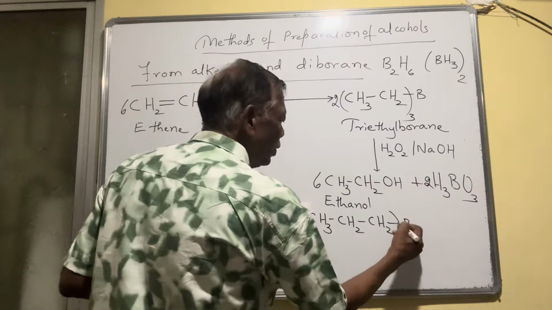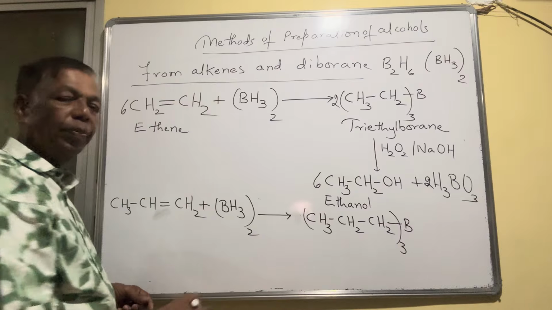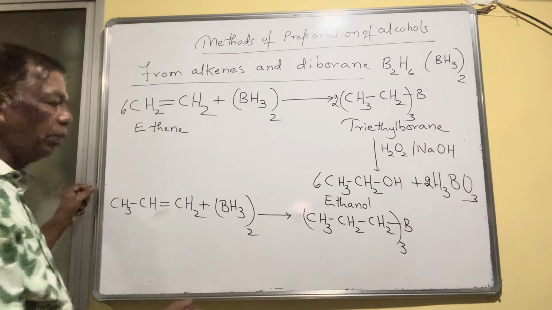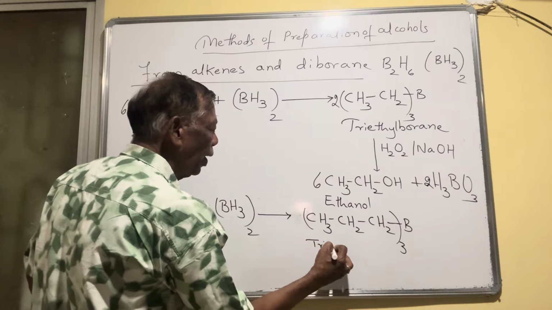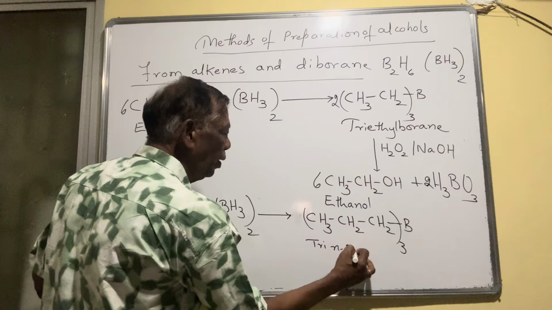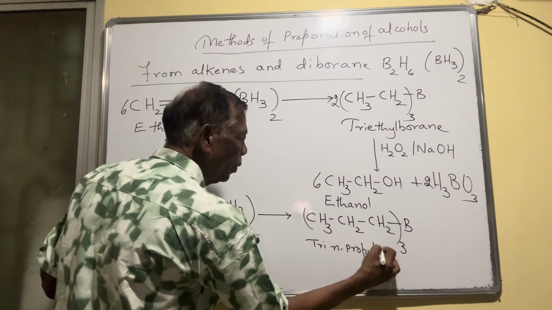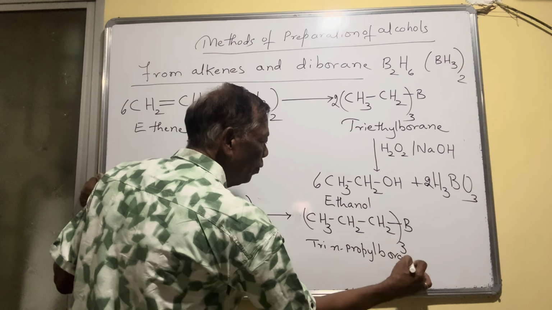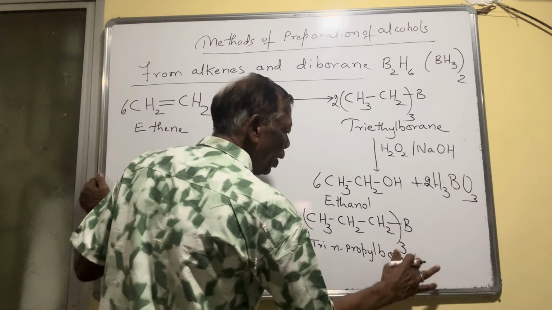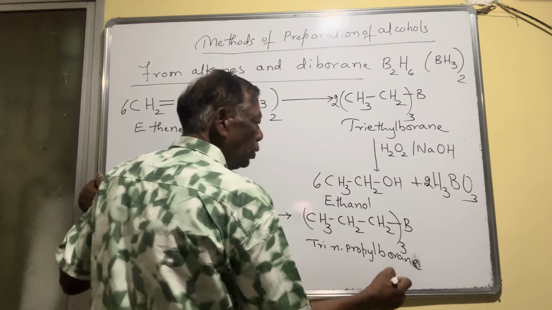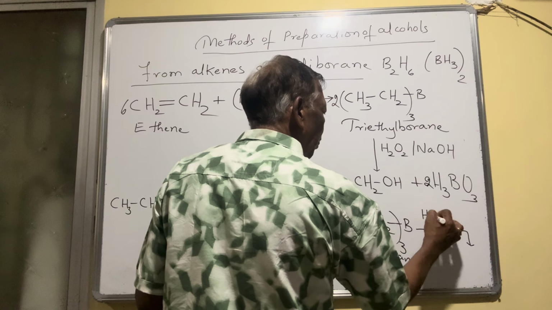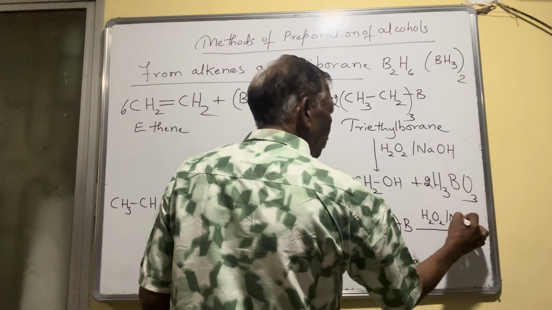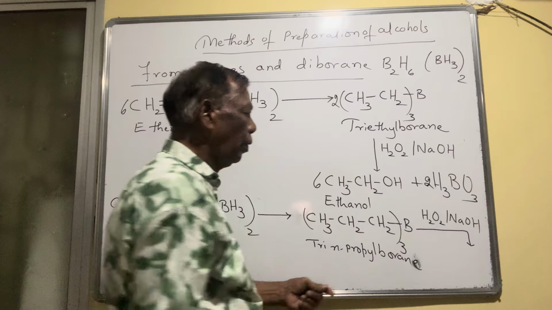Now this will be tripropyl borane, n-propyl borane. Now when you treat this with hydrogen peroxide, that is oxidation using H2O2 and NaOH, what do you remember here?